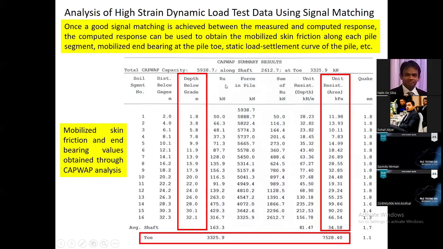This is a typical CapWeb analysis result summary. You can see pile soil segment numbers 1, 2, 3, 4. That means this pile is divided into 16 segments.